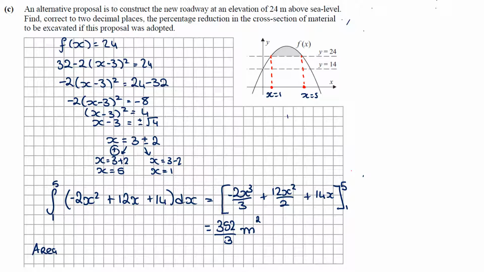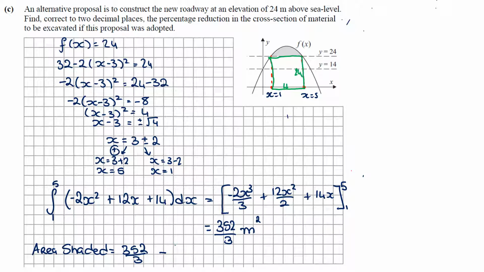And the area shaded is equal to this, 352 over 3 minus. Now, let's take a quick look. This is the part which is not shaded. So the bottom bit here is 4 and the top bit is 24.